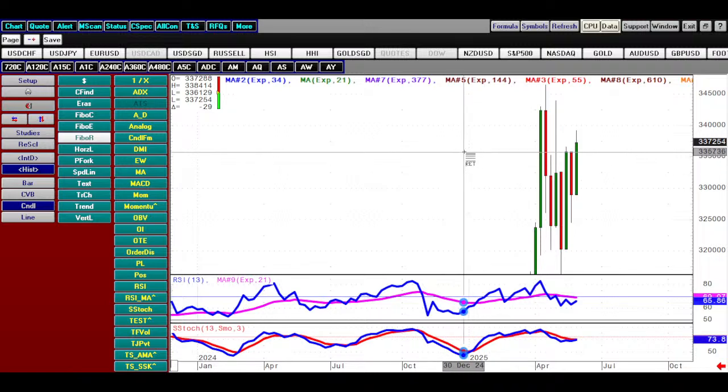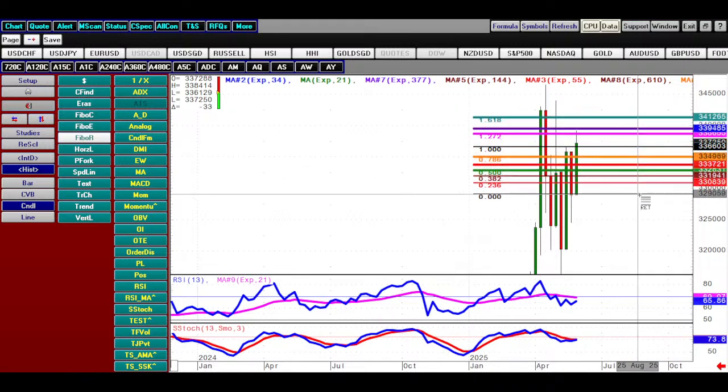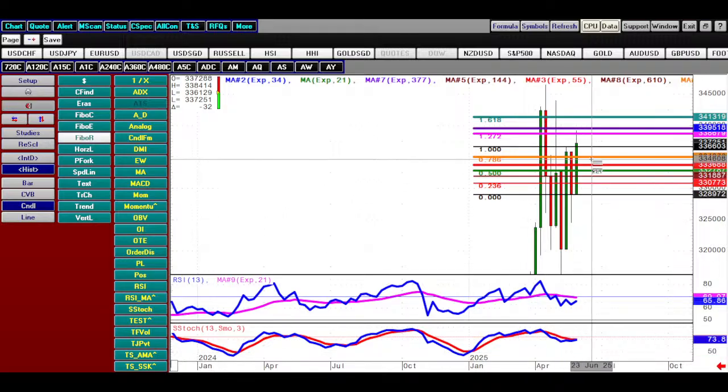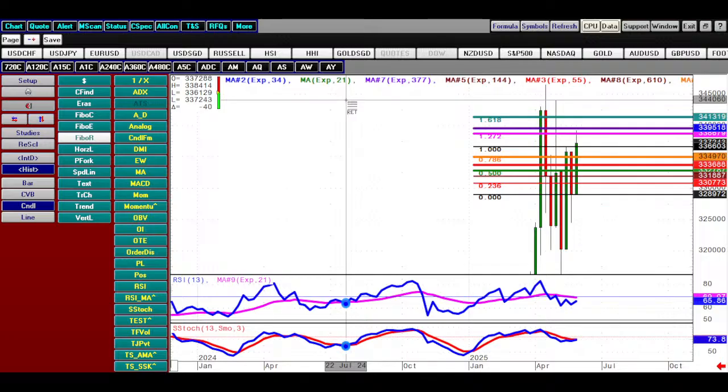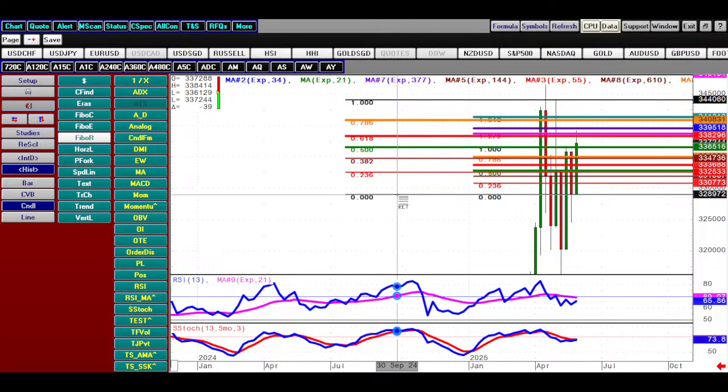So most probably the high can be 3395, 3413, or a retracement of this previous high and current week low, which is 3408. So these are the probable highs for the week.